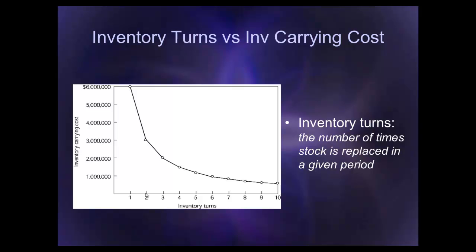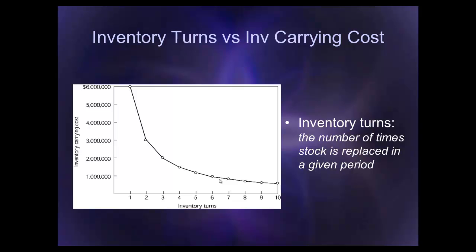But if we have more turns, then the rent on the distribution centre gets smaller, until finally we can go to something like 10 turns, which is many deliveries, which means we can have a smaller distribution centre.